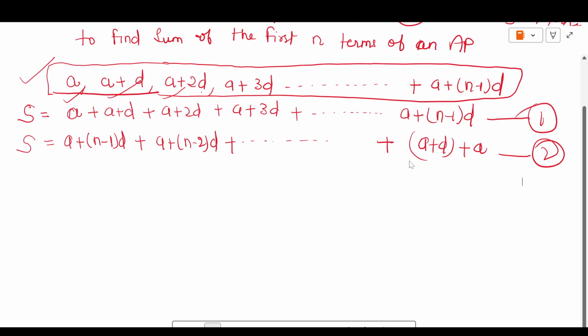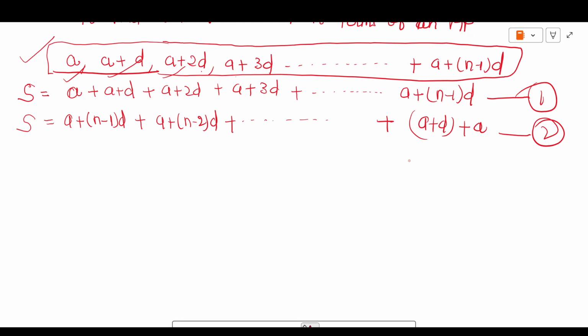Now simply we add these. Let me solve one term.